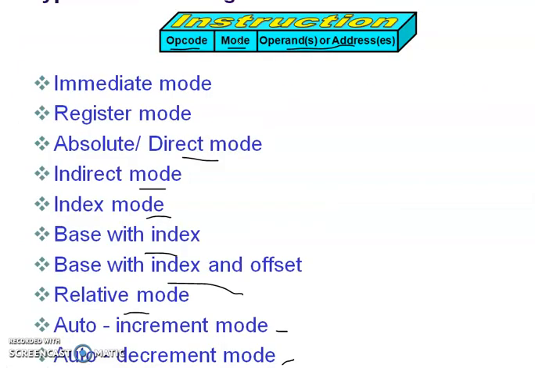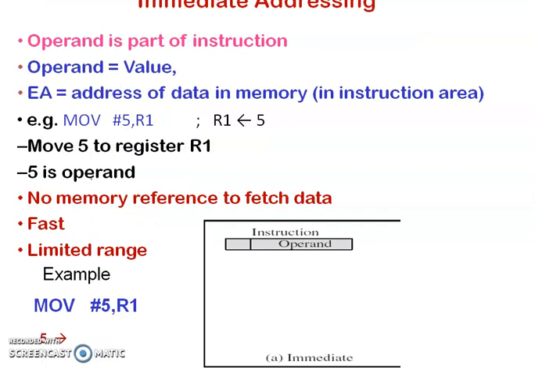Starting with the first addressing mode, that is the immediate addressing mode. The operand is a part of the instruction, and here the operand indicates the value directly. If immediate addressing mode is used, a direct value is used as an operand inside the instruction. For example, move #5, R1.